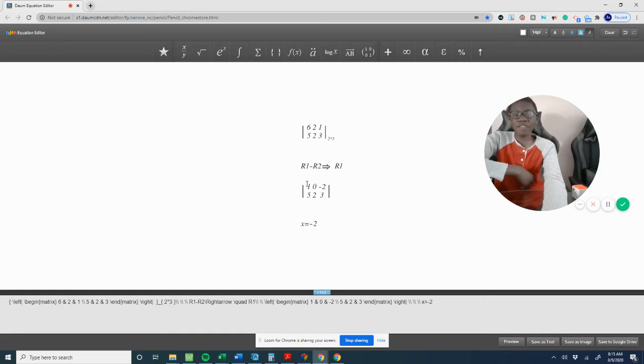Multiplying this by 5 means the coefficient of x will be 5, and here, the coefficient of x will be 5. So if we subtract them, we're completely eliminating that 5x, isolating the y so we can solve for it. So we have our x value here, and now we're going to solve for our y value.